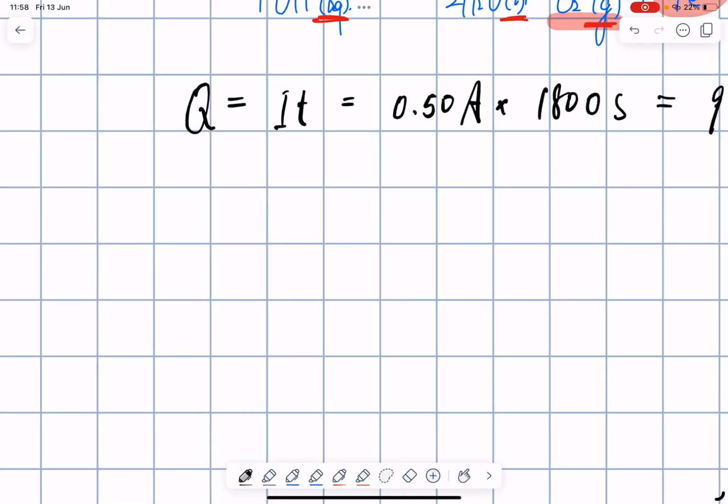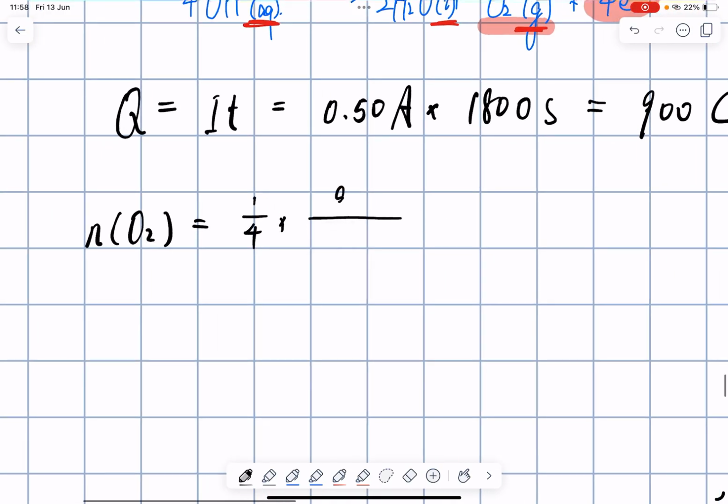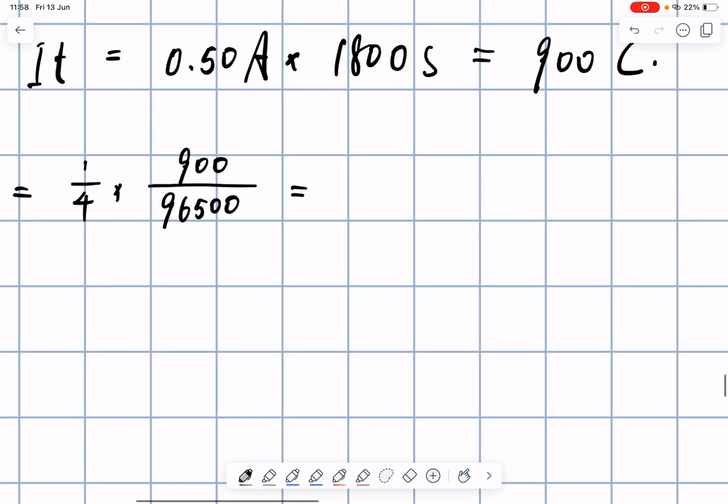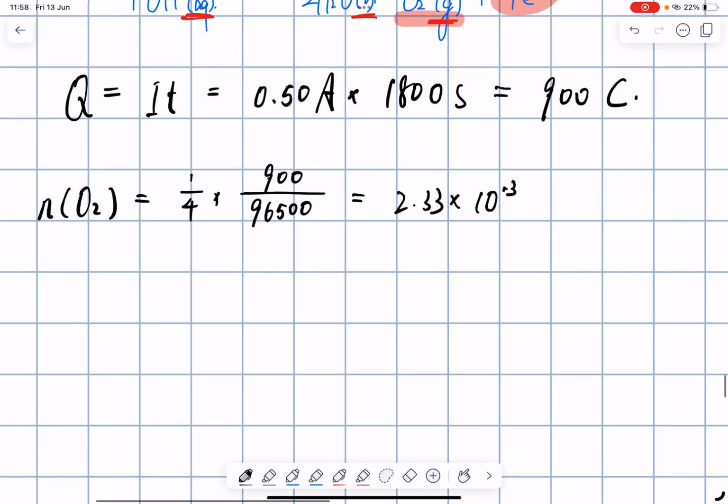So the number of moles of oxygen should be a quarter of the number of moles of electrons, which is 1/4 times 900 over 1 Faraday. This is 2.33 times 10 to the power of -3. Always use 3 significant figures because it's safer.